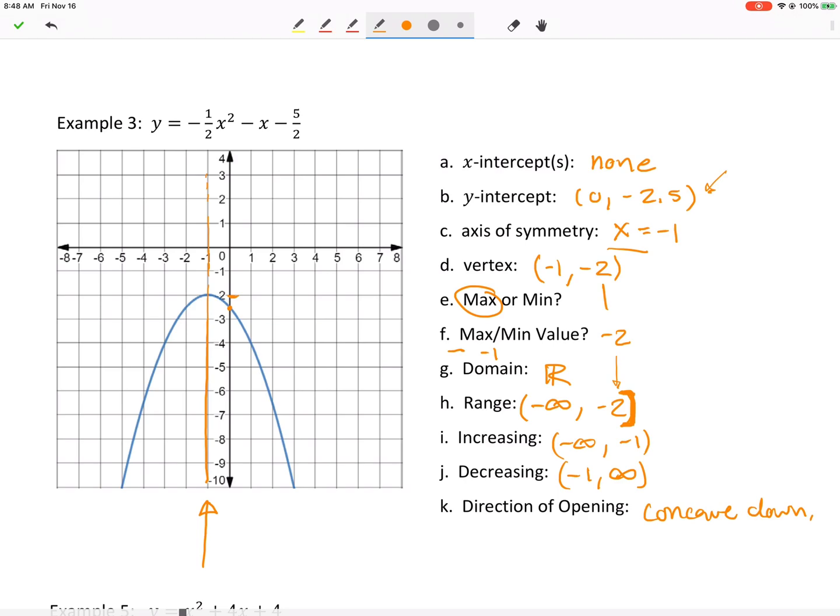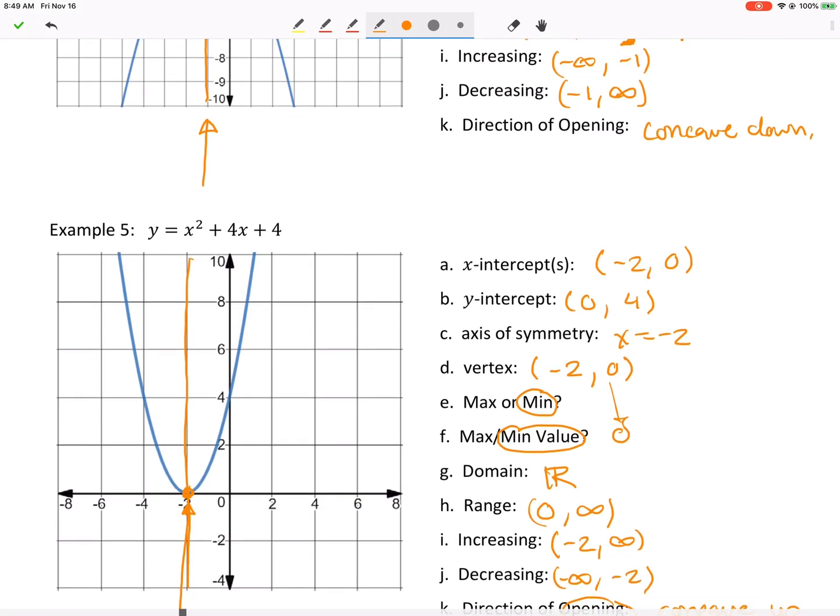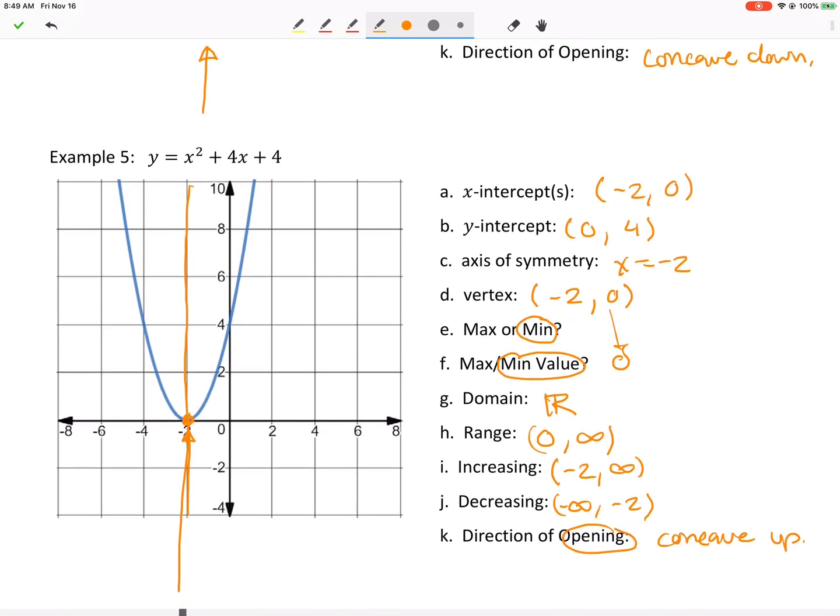So make sure, even I make mistakes like that, you can also write this as y is less than or equal to -2. And for this problem, I did it again. We need to have that bracket. We can also write that as y is greater than or equal to 0. Okay? So if you have any questions, let me know.